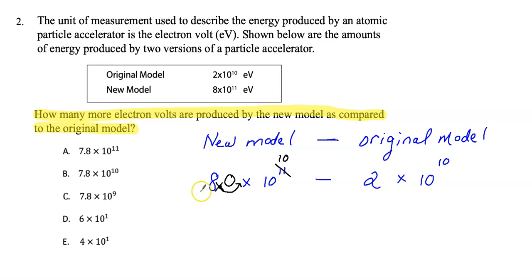So really, this now becomes 80 times 10 to the 10th. Little tricky, but really what I'm getting at here is this piece here is the same as 80 times 10 to the 10th. So 8 times 10 to the 11th is equivalent to 80 times 10 to the 10th.